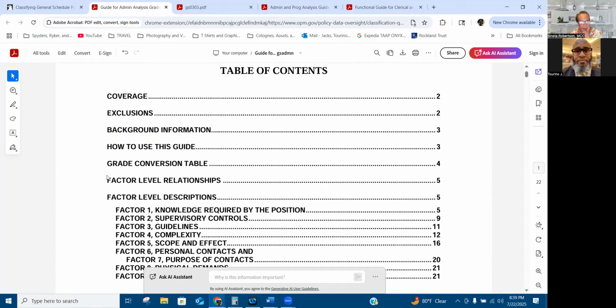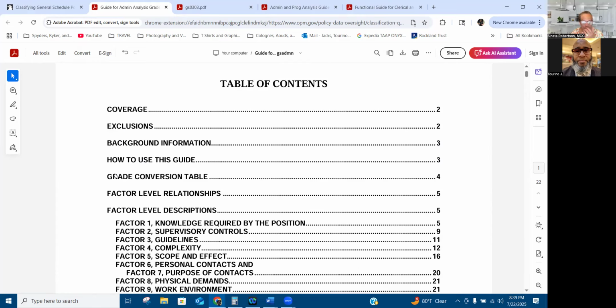Go ahead, go to the title section. There's none. Right. Because you use the title that the series, the type of work or the office or the occupation is in.